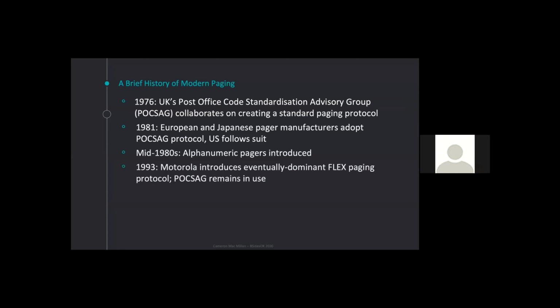In '93, Motorola introduces the Flex protocol, and this essentially builds on POCSAG's capabilities. It's a much higher data rate, has a little bit of error correction in there, but not a great deal. But POCSAG still remained in use. And it's important to note that these two protocols existed side by side. Flex is pretty much dominant today. You don't see a whole lot of POCSAG out there, but it is still in use.